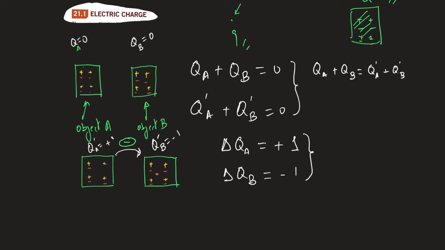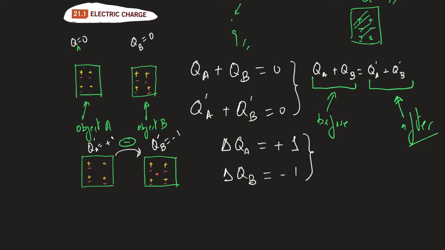The sum is still 0, because I have moved some quantity of charge from one body to the other. What has been affected is that Q prime A is now plus 1 and Q prime B is now minus 1, but the sum is not affected. So QA plus QB is equal to Q prime A plus Q prime B. This is before, and this is after.